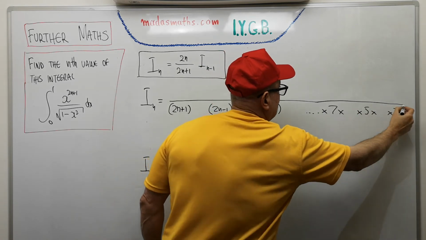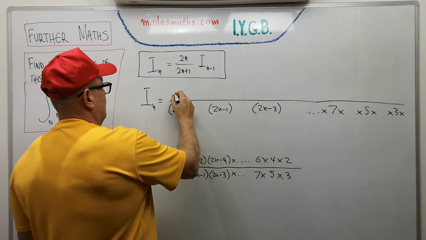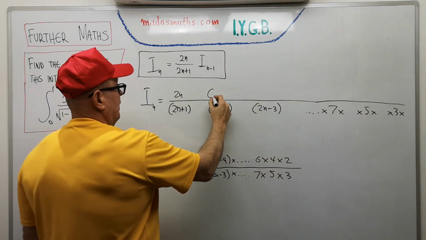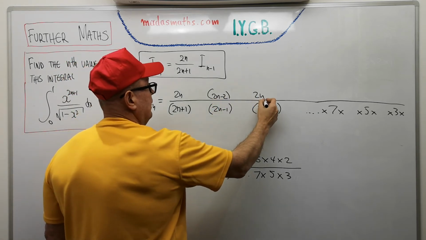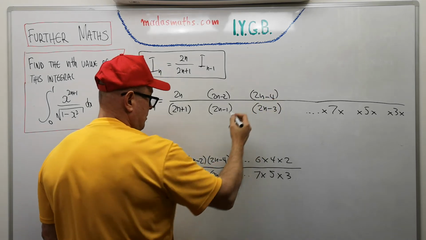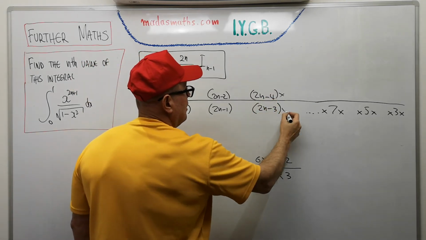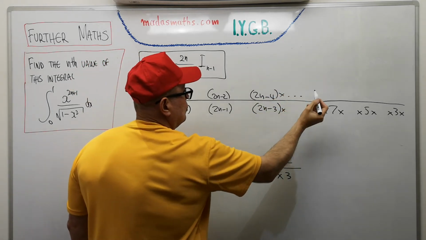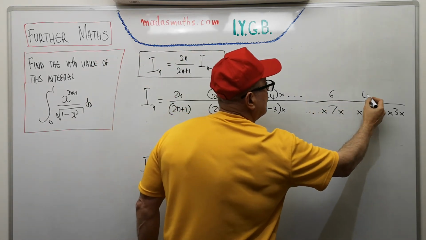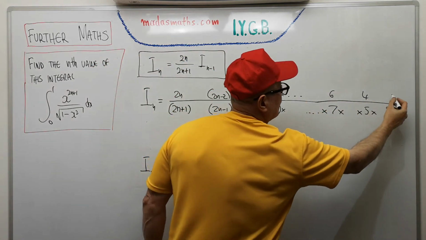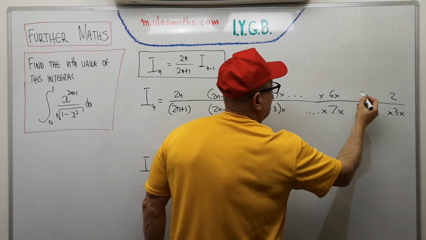On the top we have 2n. I've just spaced it out. That's all I've done for the time being, and I hope you can follow what's going to happen next. Times dot dot dot, and we have a 6 here, a 4 there, and above the 3 we have 2.